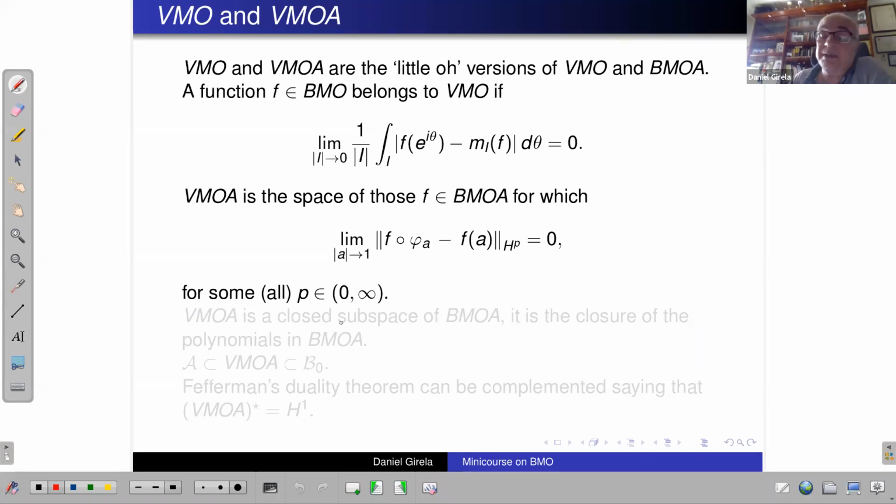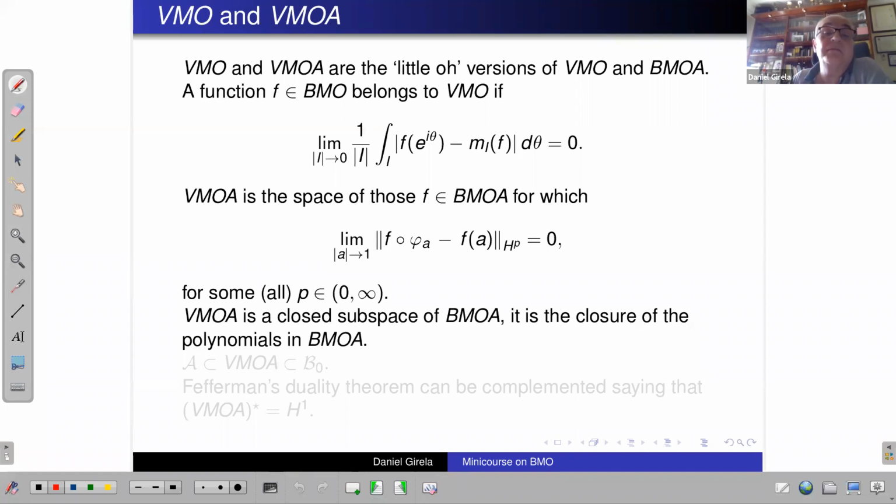VMOA is a closed subspace of BMOA, and actually it is the closure of the polynomials in BMOA. Nicolas told us that Sarason proved that a function f in BMO is in VMO if and only if, when we compose f with a rotation and let that rotation tend to the identity, that composition tends to f, and this was solved by Sarason also.